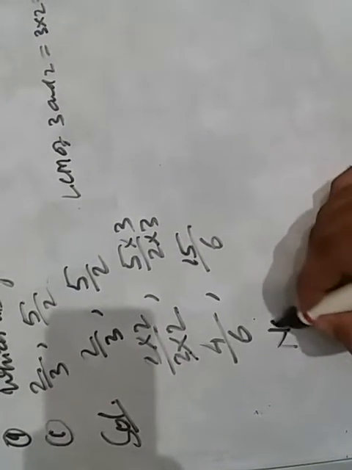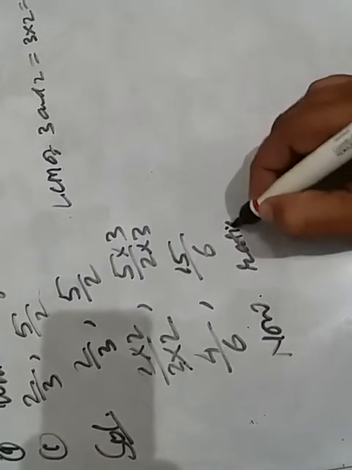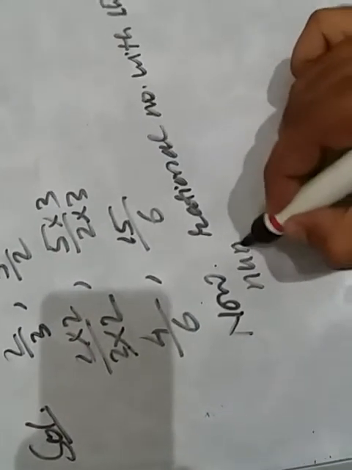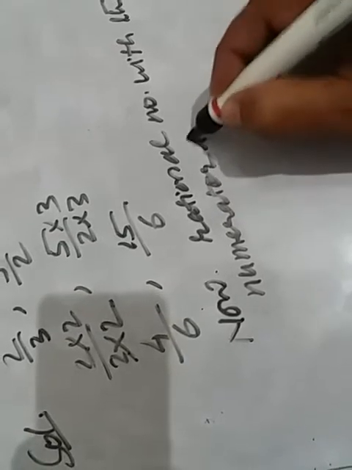Clear children? Here you see, now both the denominators are equal. In such a case, when both the denominators are equal, the rational number with the greater numerator is greater, and the rational number with the smaller numerator is smaller.